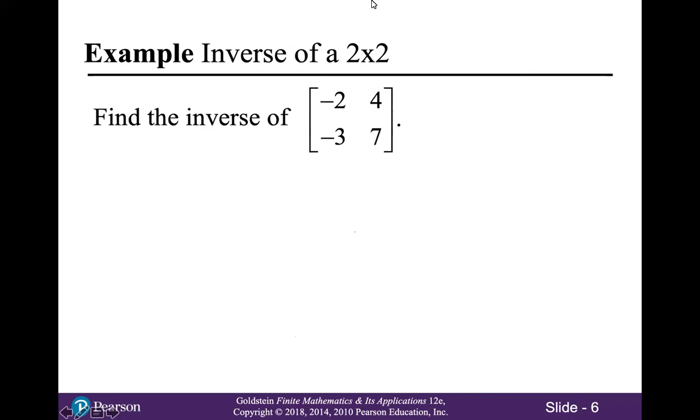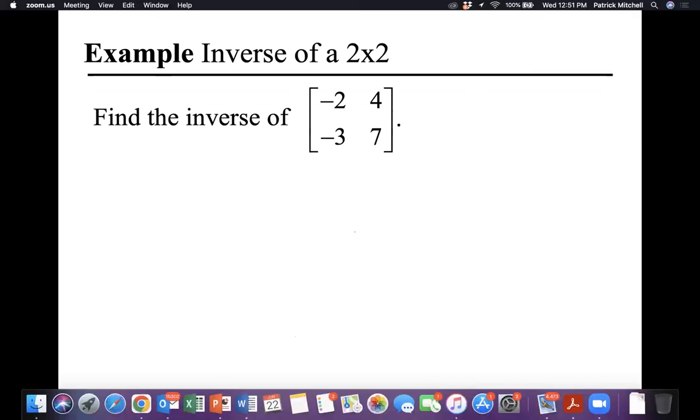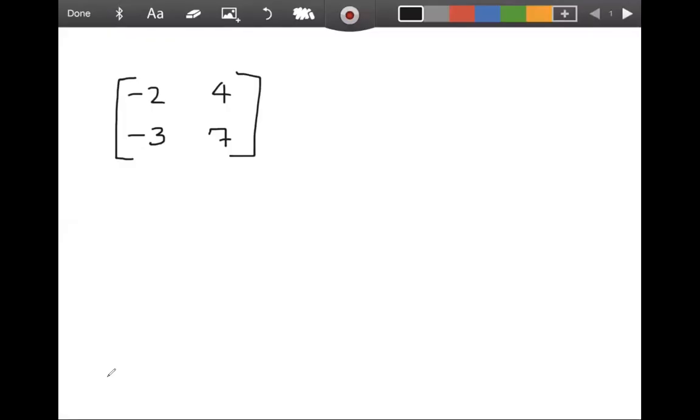I'm going to switch over to the tablet. All right, so what do we do again? We switch these two around, and then we change the signs on these two. First, I should check to make sure that the determinant is not 0.